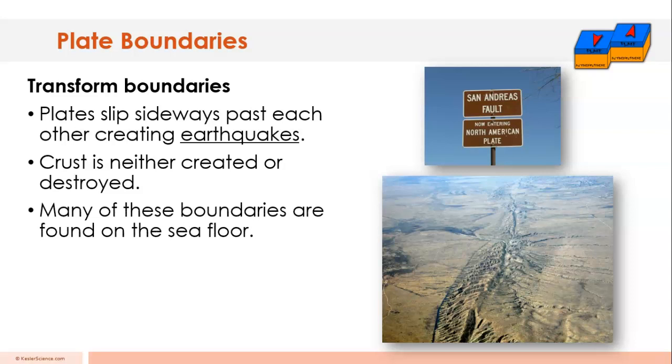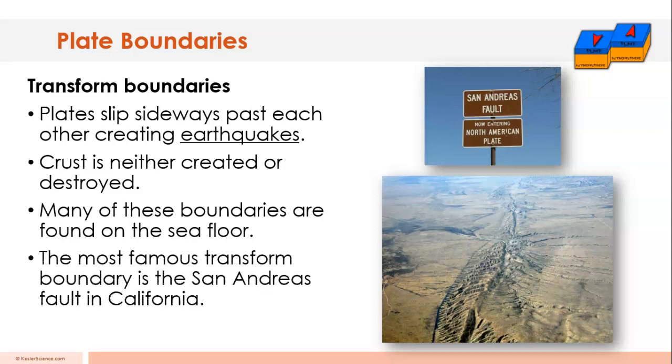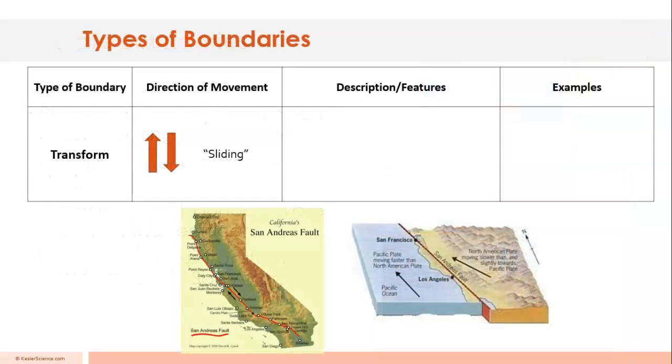A lot of these are found on the seafloor, but you can see here in the picture to the right, there is very clearly one that's on land. And in fact, the most famous one, at least for us as Americans, would be the San Andreas Fault in California, and that is largely on land, although it is pretty close to the ocean.